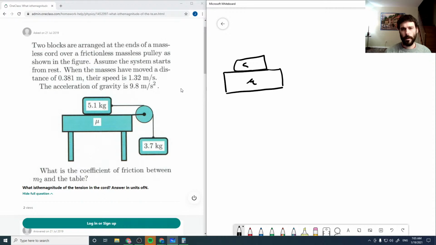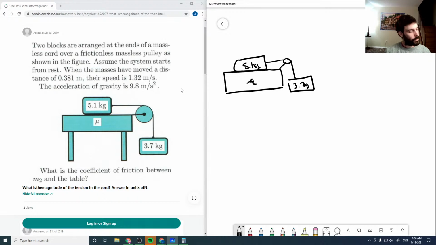This one is given as 5.1 kilograms, and it's on a pulley, and it's yanking down this 3.7 kilogram mass. And assuming the system starts from rest, when the masses have moved a distance of 0.381 meters, their speed is 1.32. And it wants to know the coefficient of friction and the magnitude of the tension in the cord.